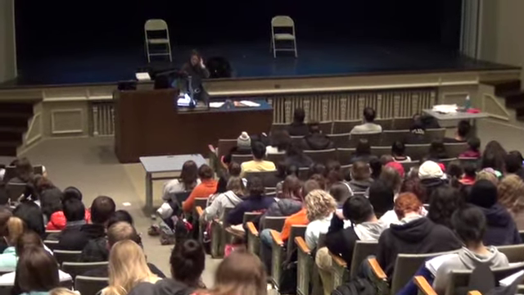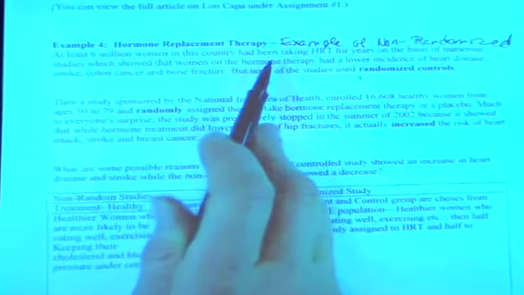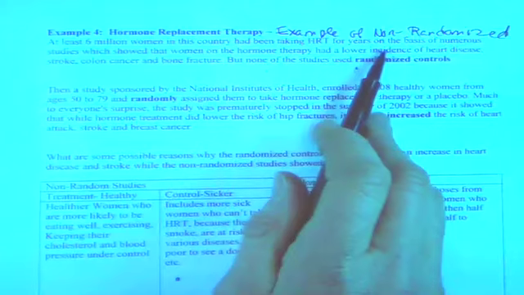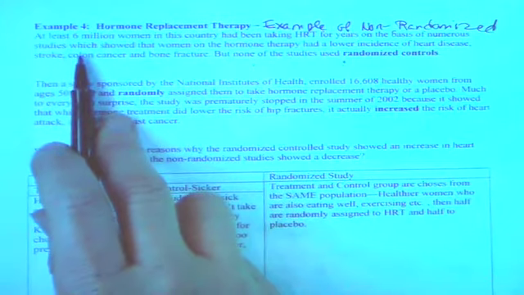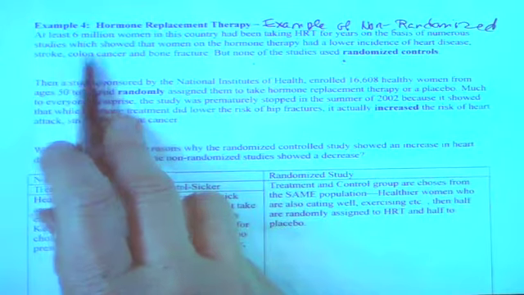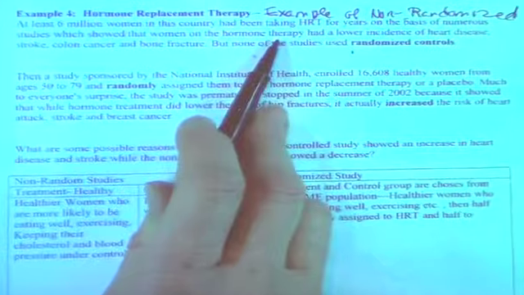So at least, let's read about it. At least 6 million women in this country had been taking hormone replacement therapy for years on the basis of numerous studies, none of them randomized, which showed that women given estrogen after menopause did better.